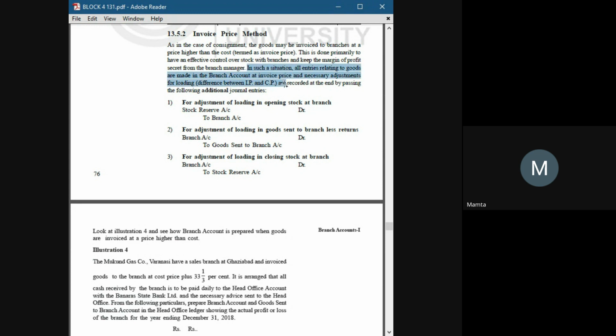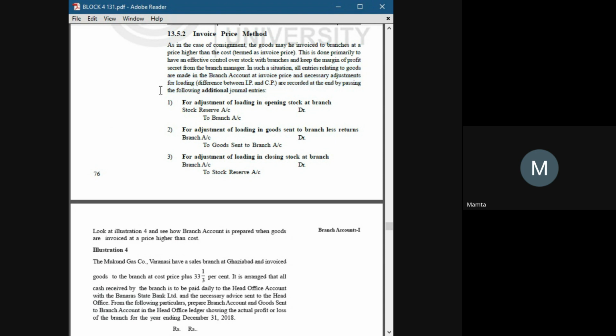In such a situation, all entries related to goods are made in the branch account at invoice price only, and the necessary adjustment for loading is recorded at the end by passing additional journal entries. Loading is the difference between the invoice price and the cost price.